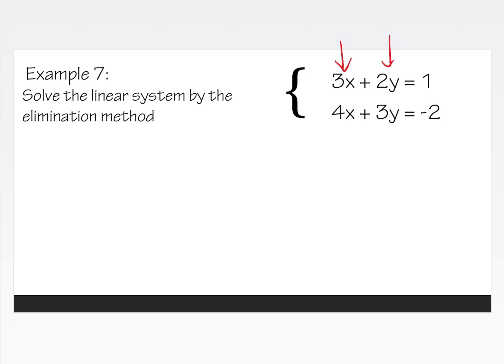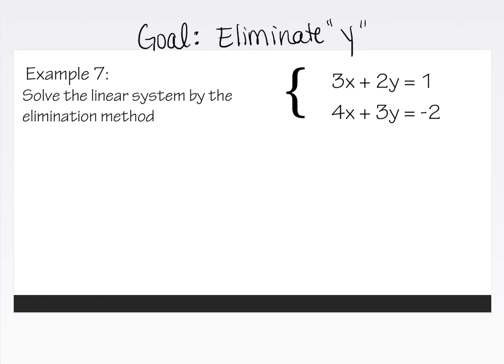So here's where it's up to you. You can choose which variable you would like to eliminate, either the x or the y. Here, I'm going to say my goal is to eliminate the y variable. So I need to get a common multiple, preferably the least common multiple, and have them be inverses so that when I add them, they reduce to 0.